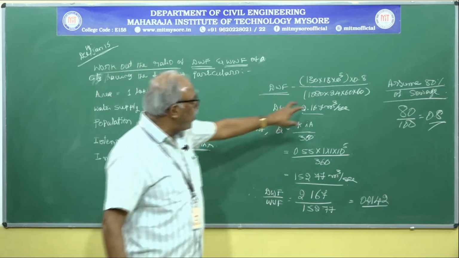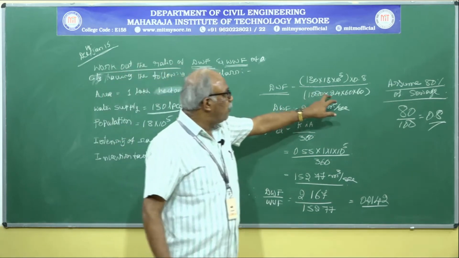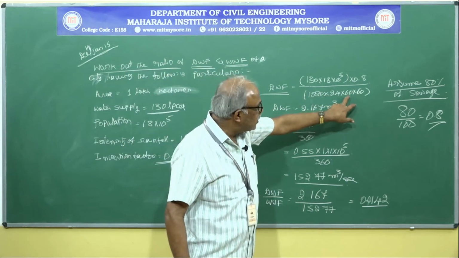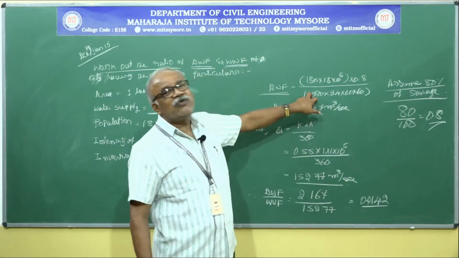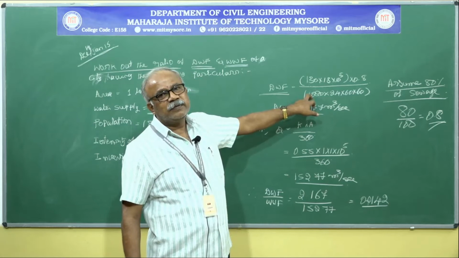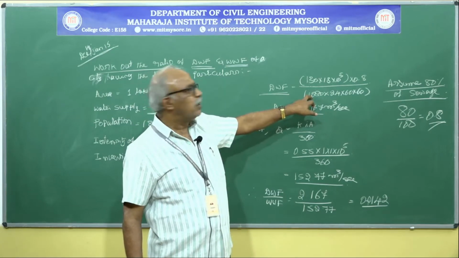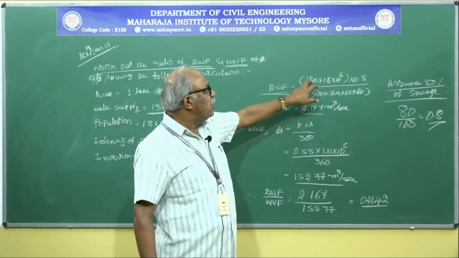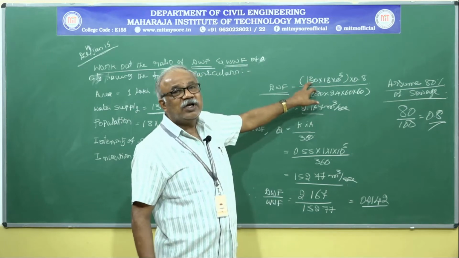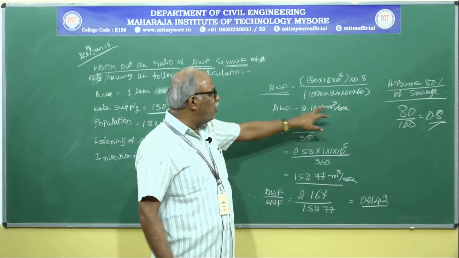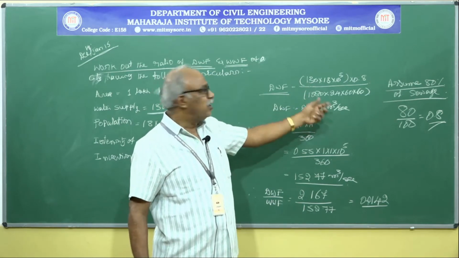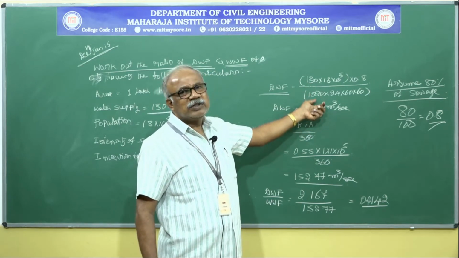The whole thing is divided by 1000, multiplied by 24, multiplied by 60, multiplied by 60. What does this mean? These are the conversion factors. Clear or not? Because the 130 is given in liters, I want the value in meter cube. That's why I am taking 1000.